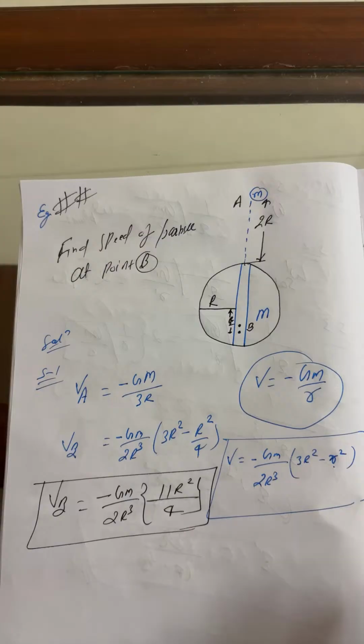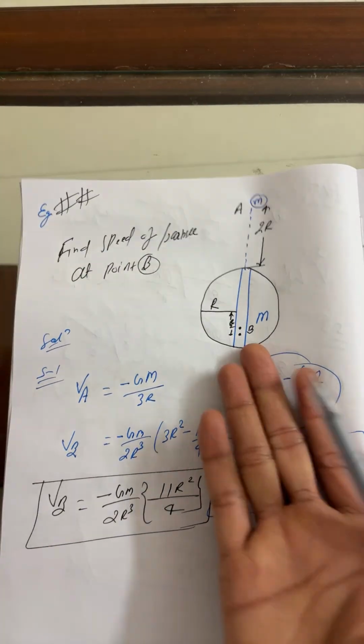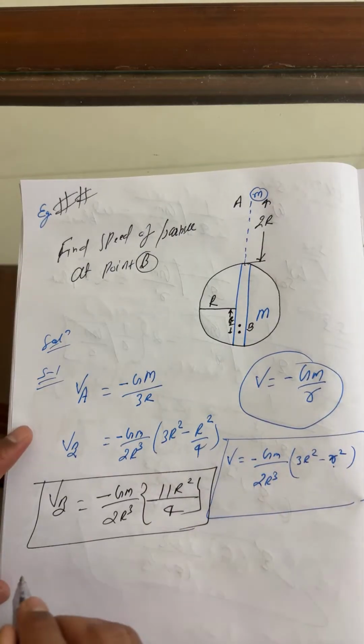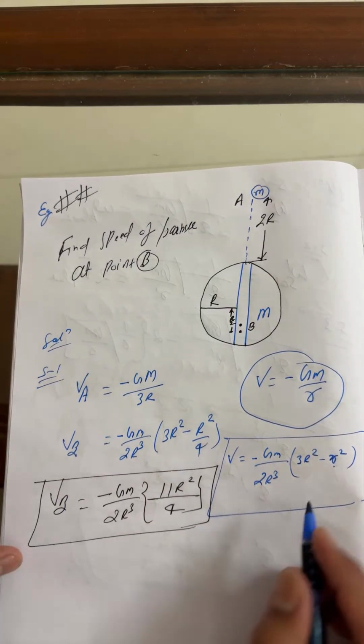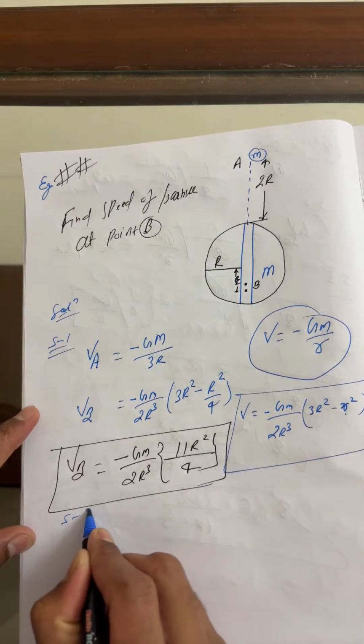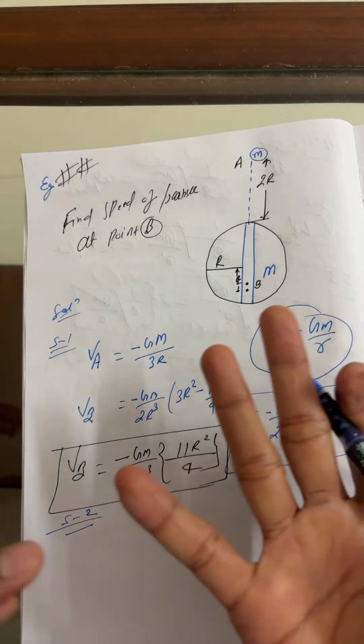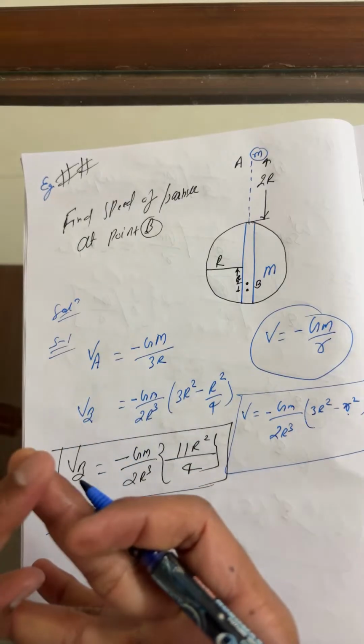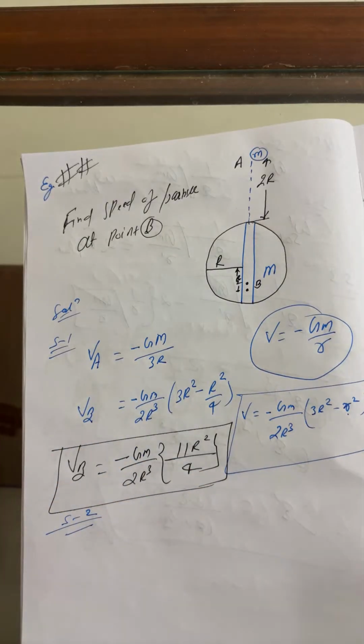Now apply the formula of energy conservation here, because we need to find speed, so we don't have any other choice. If we have only a conservative force, kinetic energy initial plus potential energy initial equals kinetic energy final plus potential energy final.